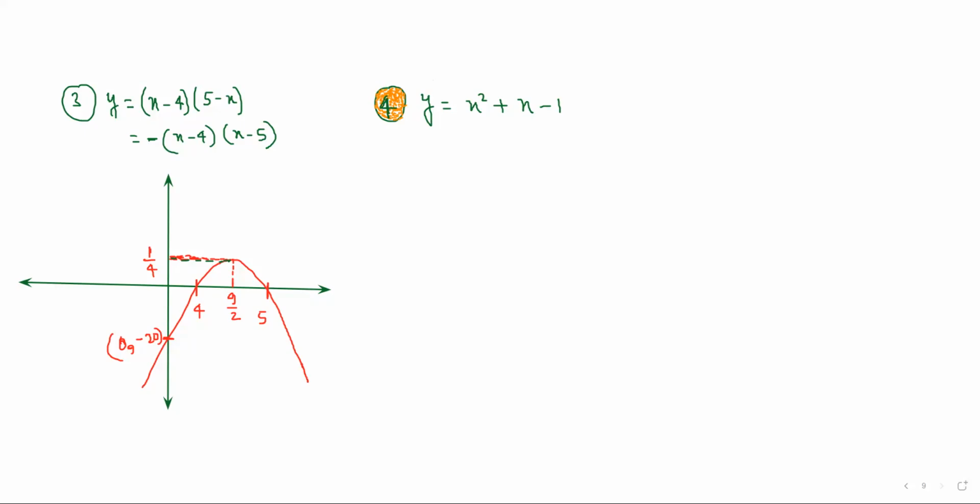Beta, so the question is y equals x square plus x minus 1.